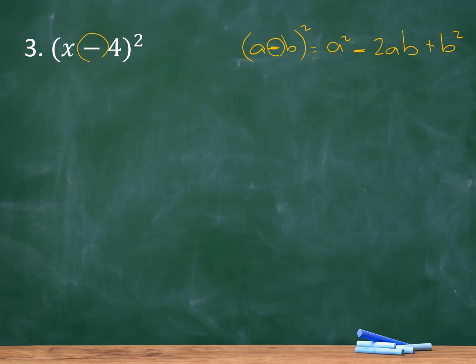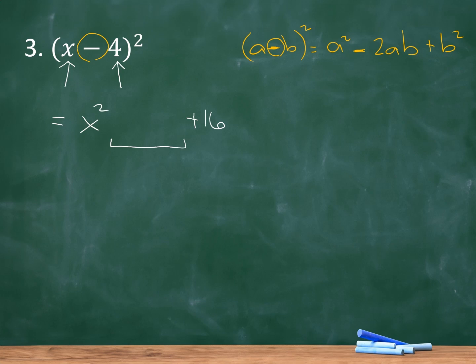So what we're going to do now is square the first term, so that's x times x, which is x squared, and then we will also square the last term, so that's 4 times 4, which is positive 16. And then how do we get the middle term?